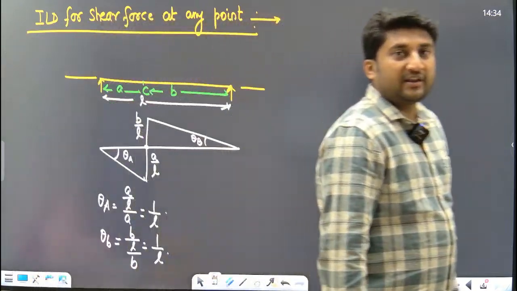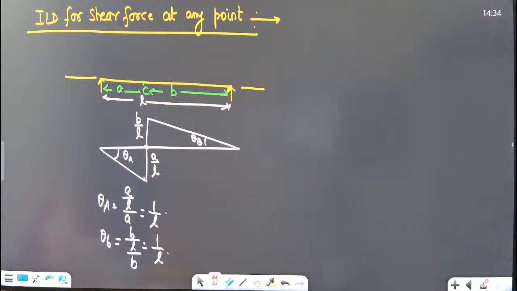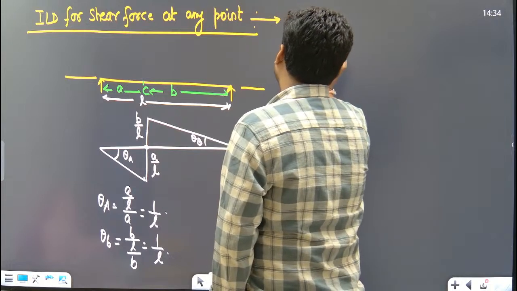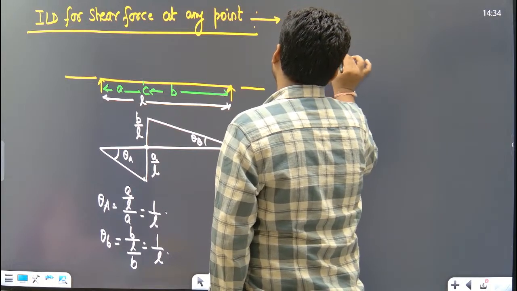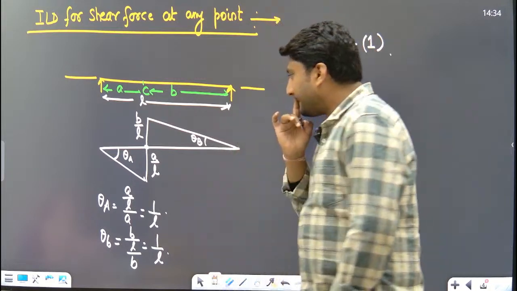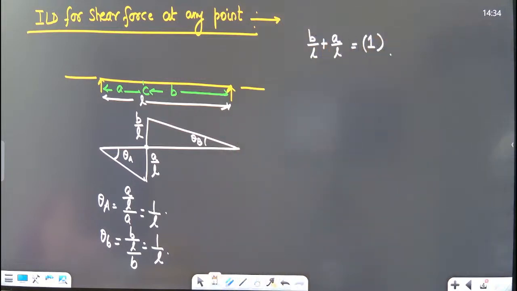What is the total ordinate at C? Total ordinate at C will be equal to B by L plus A by L, which is equal to 1. Clear everyone?